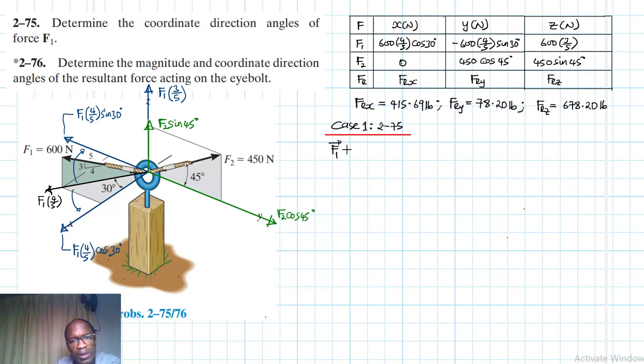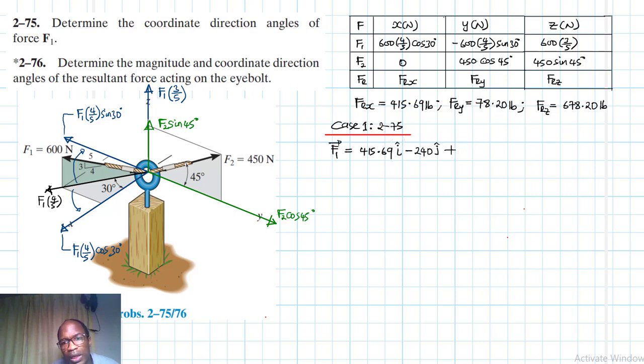Okay, all right, let's write F1 is just equal to 415.69 i minus, that's 300 by 4 divided by 5, minus 240. So I'm just working out this component for F1.